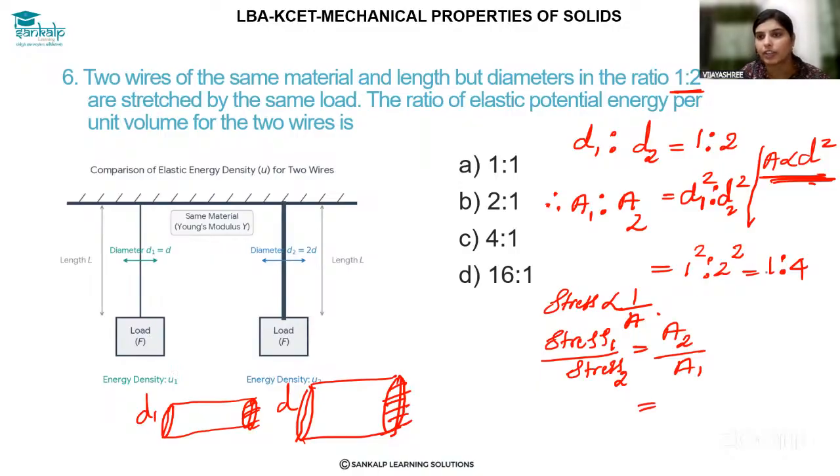Area 2 is 4, divided by area 1, which is 1. Therefore, stress 1 divided by stress 2 is equal to 4 is to 1, right? 4 is to 1. So I am going to erase this. I am going to do this in the next slide.